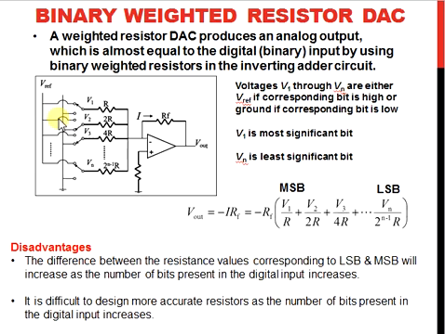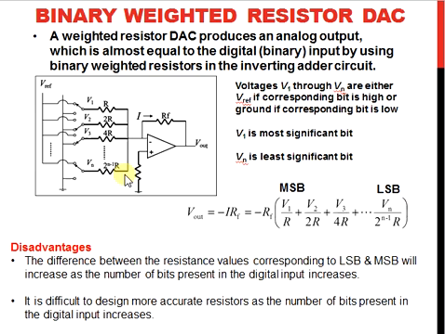The drawback of this type of converter is that we have to identify correct resistors. If you are using many bits, we have to get the corresponding resistor values in this order, and it is very difficult to get different resistor values in exactly doubling steps. Also, the difference between the resistor values for the least significant and most significant bit increases as the number of bits in the digital input increases.